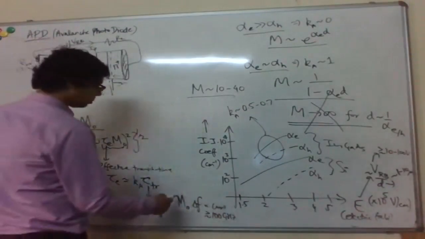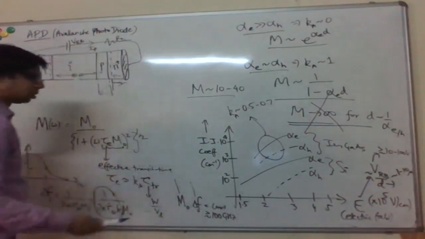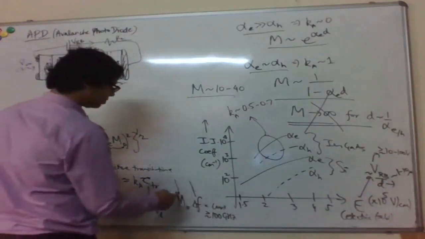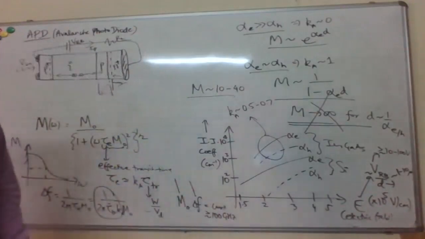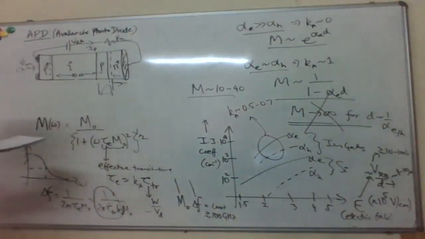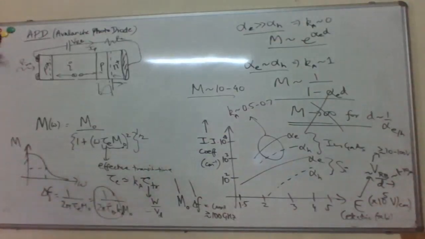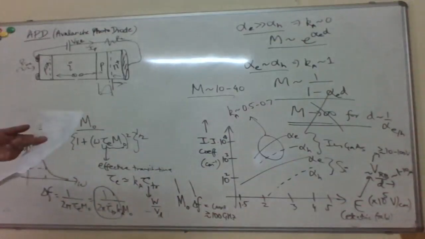Which means you can have, for example, a DC gain of 10 and a bandwidth of 10 gigahertz, or equivalently a bandwidth of 100 gigahertz without any DC gain.